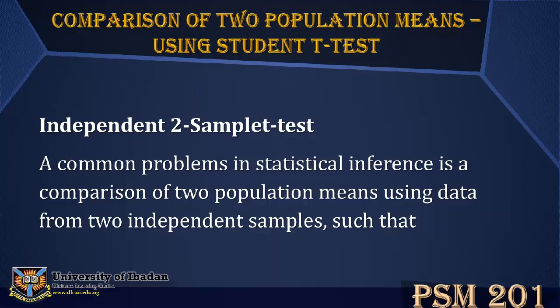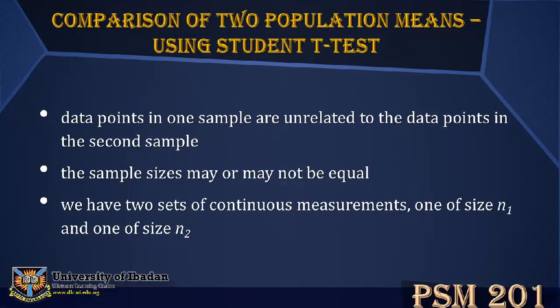Independent two-sample t-test. A common problem in statistical inference is a comparison of two population means using data from two independent samples, such that data points in one sample are unrelated to the data points in the second sample. The sample sizes may or may not be equal. We have two sets of continuous measurements, one of size N1 and one of size N2.